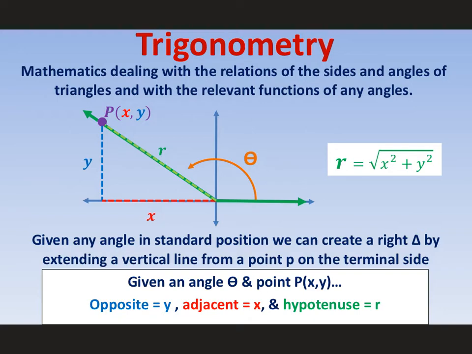For all triangles we draw with this vertical line, I could draw one over here, down here, or over here, the opposite side always ends up being your y value. The adjacent side always ends up being your x value, and the hypotenuse always ends up being r, where r is equal to the square root of x squared plus y squared.